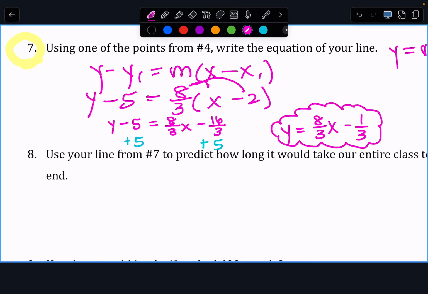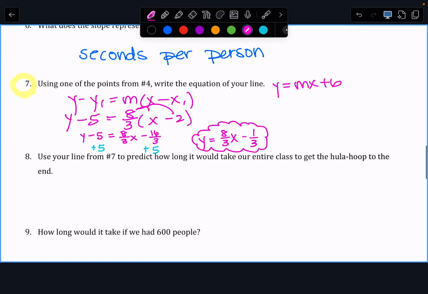Now, does it make sense that when we plug in 0, we get negative 1/3? In the context of the problem, no. When we have 0 people, it's negative 1/3 seconds. Okay, that's weird. However, this is the line that is best approximating our data. Where did I get the 1/3 from?